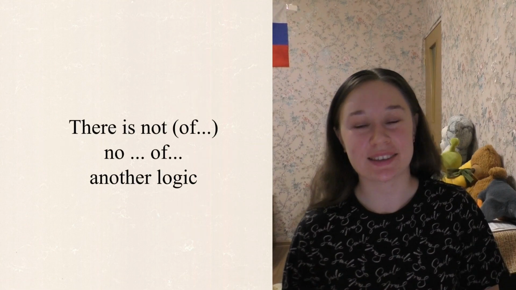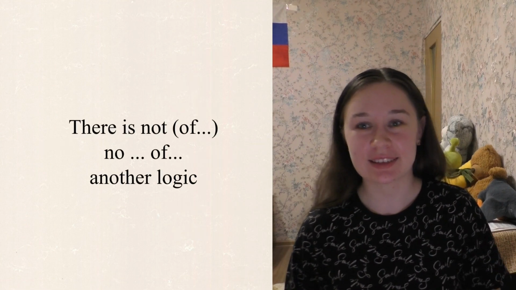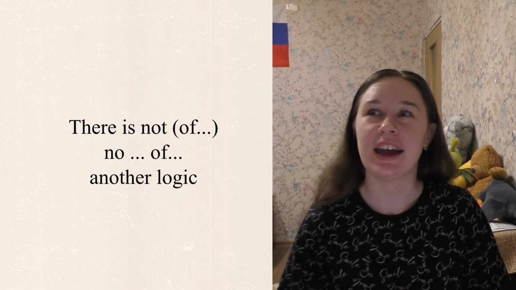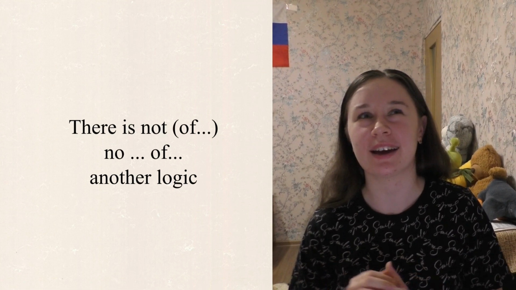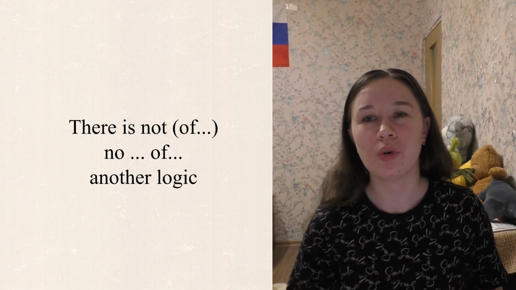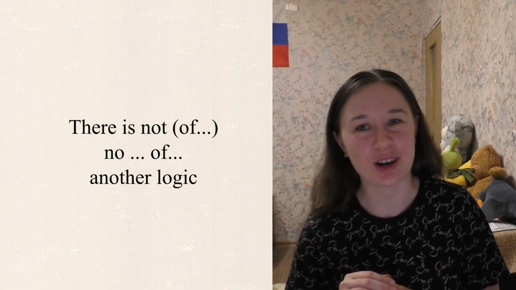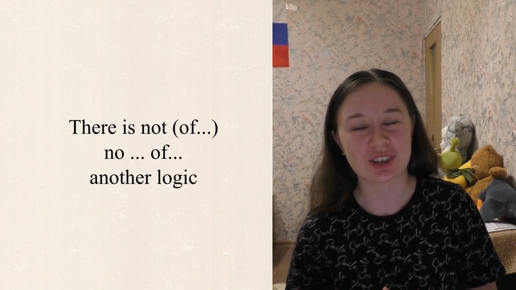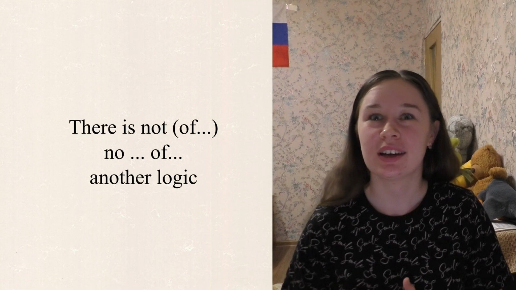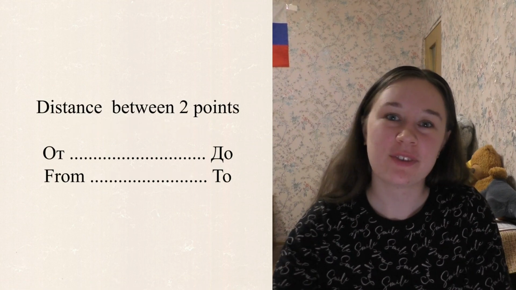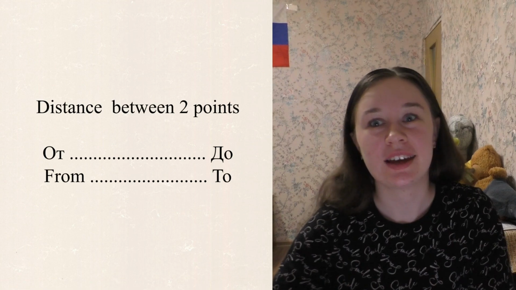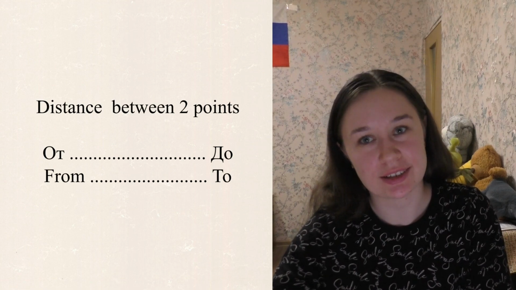The meaning is the same as the construction здесь нет, but it's shorter, and in English I can literally translate it like no of something. Yes, it's very strange, but in Russian it exists very happily.